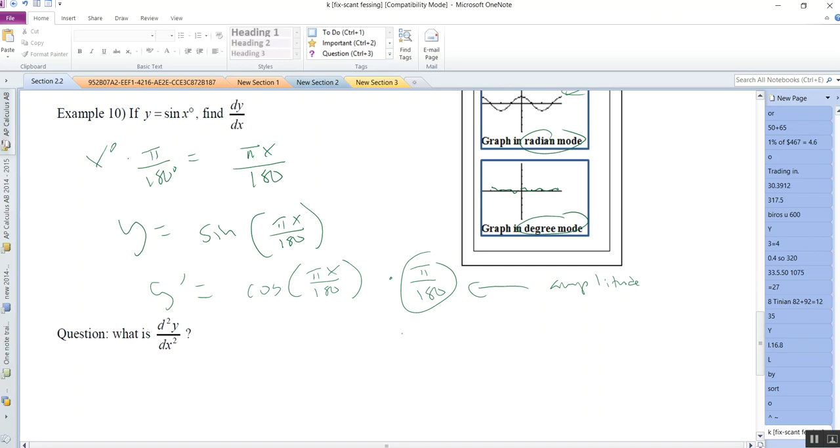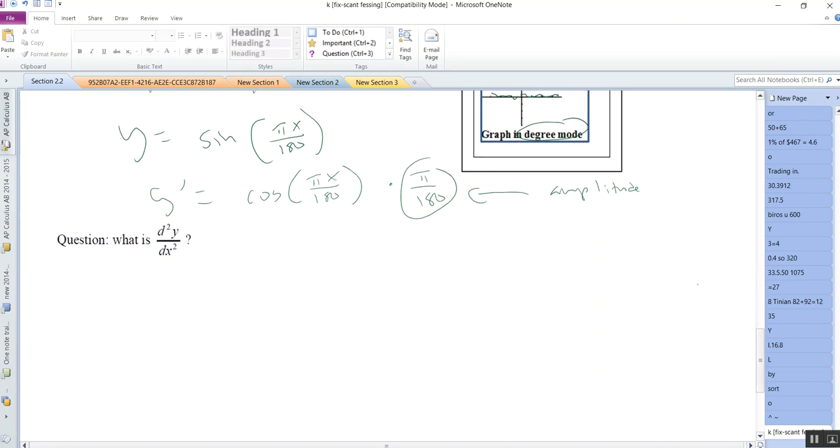That's really small. If I do the second derivative, of course, derivative of cosine is negative sine. So you still got the pi over 180 as a constant. So you leave it off to the side, and of course, derivative of sine is negative cosine. But you got to multiply by the derivative of the inside again, which is still pi over 180.